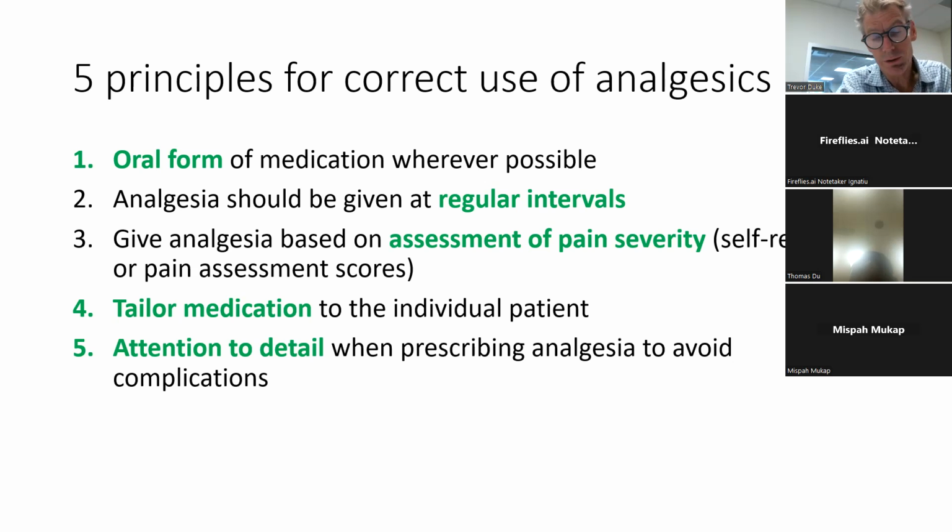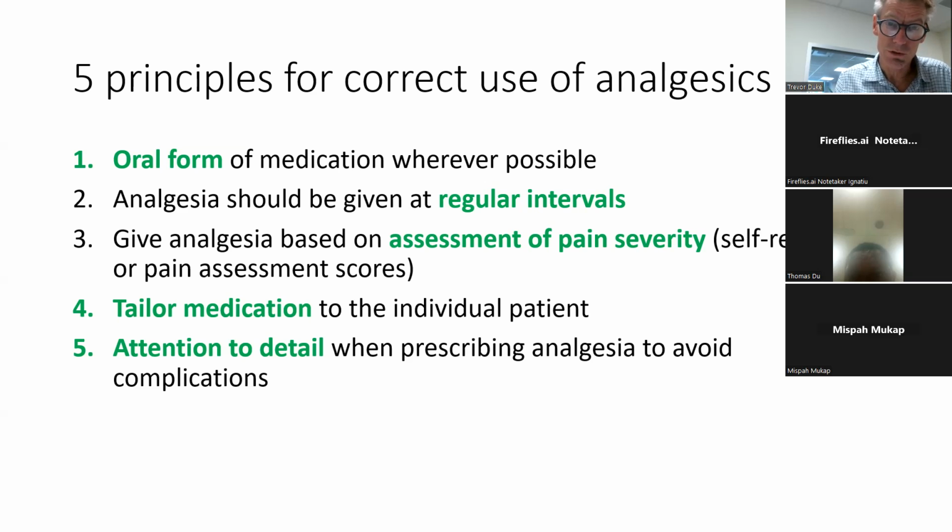And there are some people who react more to some medications than to others. That's particularly true of the higher order analgesics such as opioids and ketamine, for example. And you should pay attention to detail when prescribing analgesia, and that means always checking the doses and the dose interval, and making sure that you've got that right.